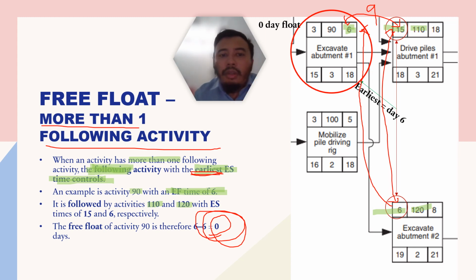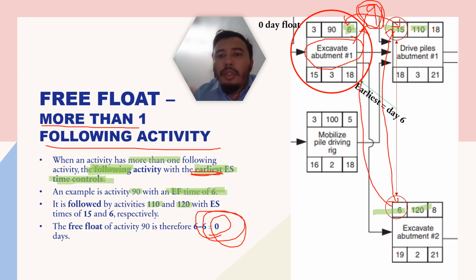So let's take a look at this scenario. If you wrongly define this activity 90 as having 9 days, and the activity is delayed by 9 days, your activity will finish by day 15.